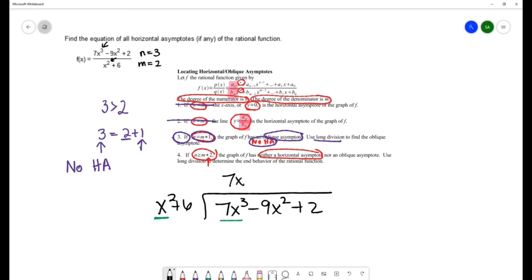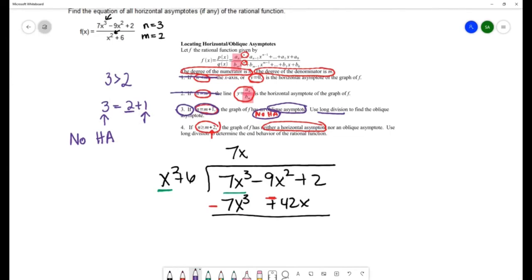Then I'm going to multiply that 7x by both of the terms on the left. 7x times x squared would be 7x cubed. 7x times 6 would be a plus 42x. And then with long division, you change your signs here. And that's going to cancel out these first terms. And you're going to carry down the 9x squared, the minus 42x, and the plus 2.